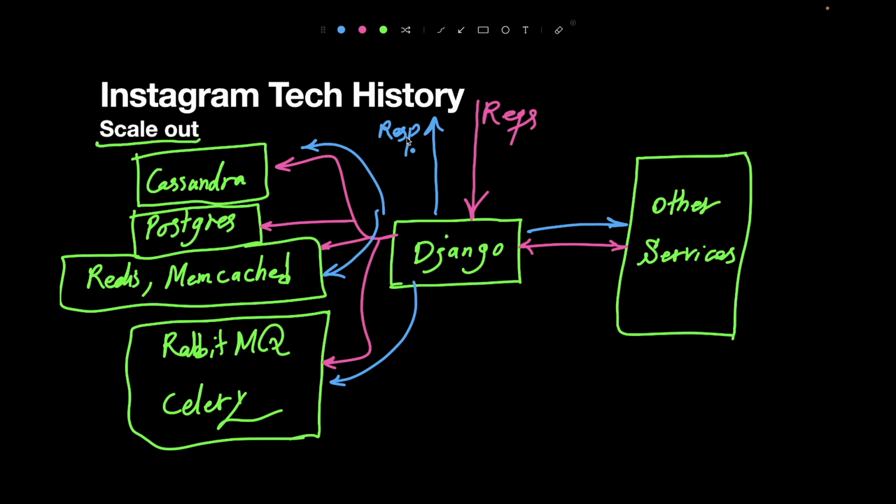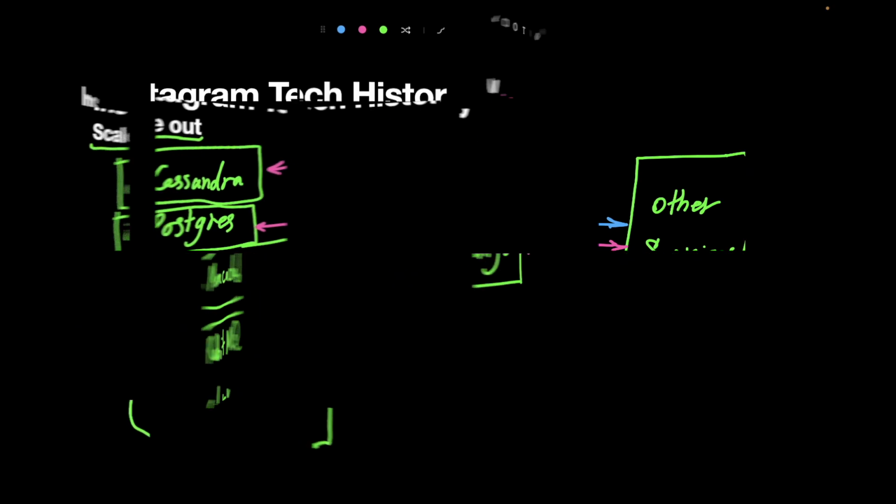And let's now see what scaling out means. There are some important points that I would like to mention. Instagram uses Django as the main backend server. It receives users' requests and has access to multiple services and storages in order to generate a response for users.